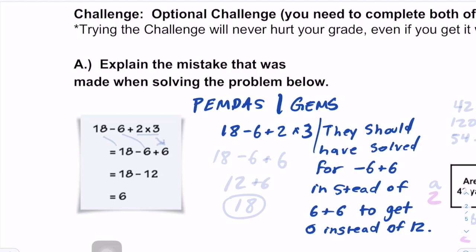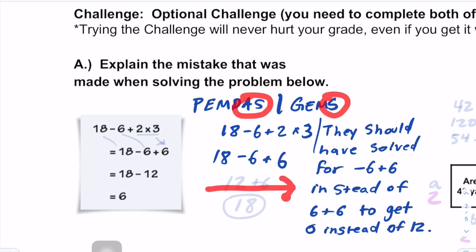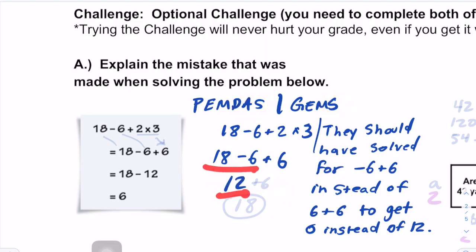I do see multiplication. So I will do 2 times 3 to get 6. And I'll rewrite the rest of this. I see that there's only subtraction and addition left, and we're able to work from left to right with these because they can be done in any order. 18 minus 6 gives me 12, and 12 plus the rest of this, which is 6, gives me an answer of 18.